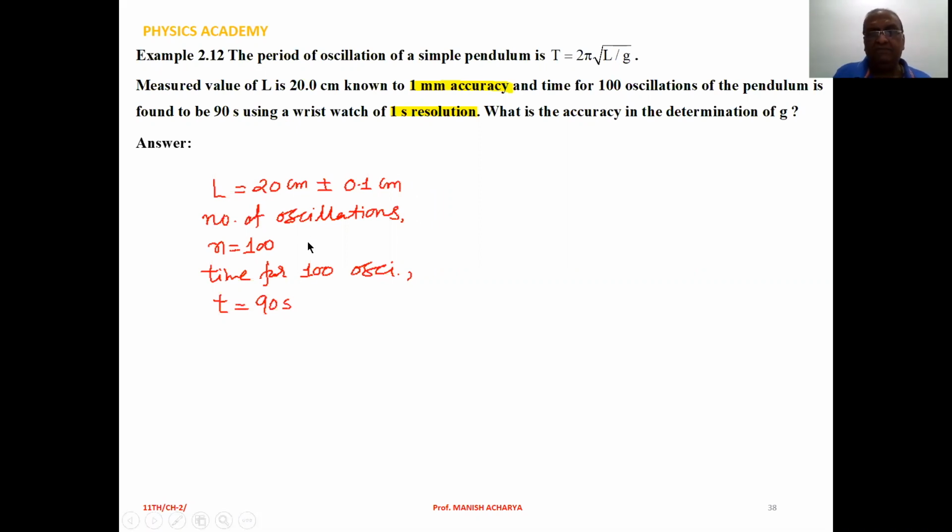Then you measure the time for 100 oscillations. So the number of oscillations under consideration is n equal to 100, and the time for 100 oscillations, t, is equal to 90 seconds. Clear?